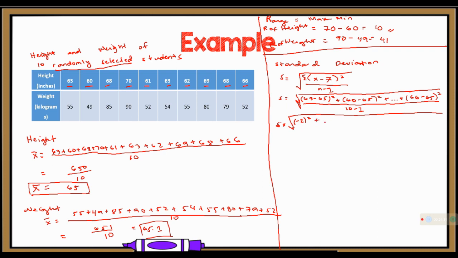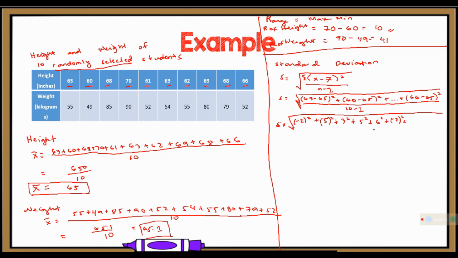So, plus 60 minus 65 is 5 squared. Plus, doon na tayo sa pangatlo, 68. 68 minus 65 is 3. So, 3 squared. Doon naman tayo sa pang-apat, 70 minus 65. We have 5 squared. Plus, 61 minus 65, we have 6 squared. Plus, 63 minus 65, again, we have negative 2 squared.